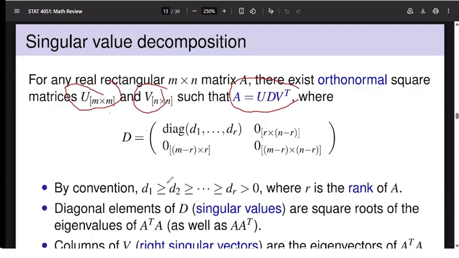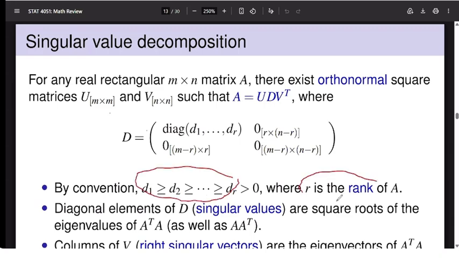Then D is a diagonal. But let me tell you this, when you are using singular value decomposition, in the diagonal we expect each of the values to be strictly greater than 0. And because I have D1, D2 up to DR, the rank of the matrix must be R.